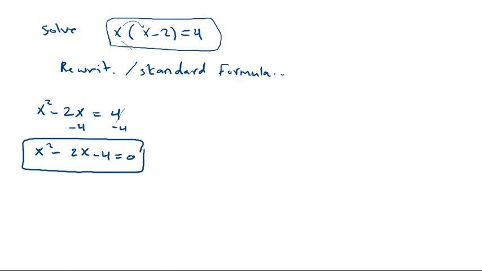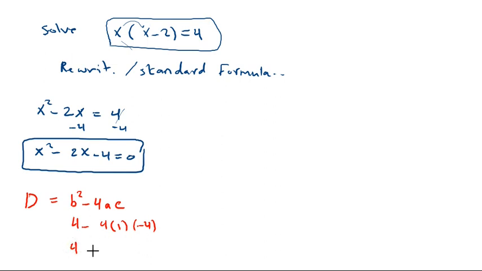We can find the discriminant, which is b squared minus 4ac, and here b is minus 2. The square of minus 2 is 4, minus 4 multiplied by 1 multiplied by minus 4.